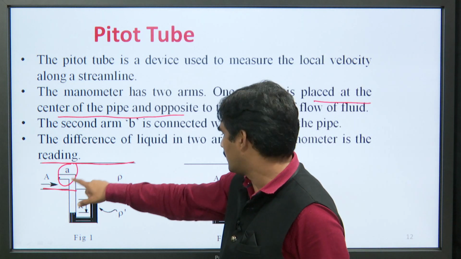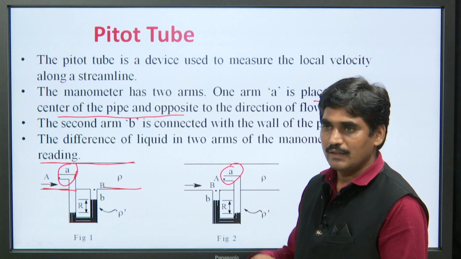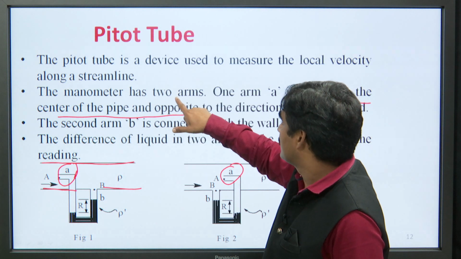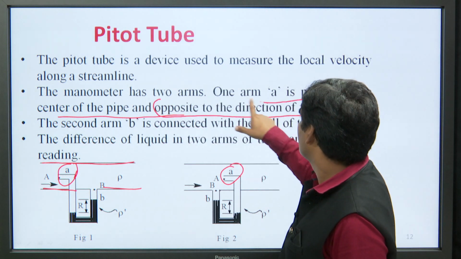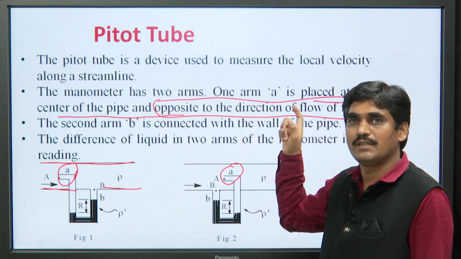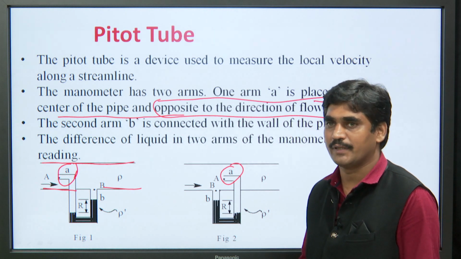Okay. So, one arm is placed at the center of the pipe, and the important thing to remember is that the direction of arm A should be opposite to the direction of flow of fluids through the pipe.